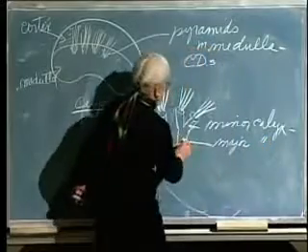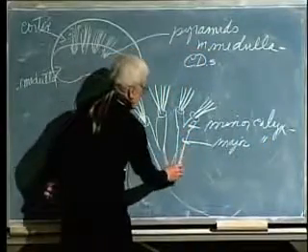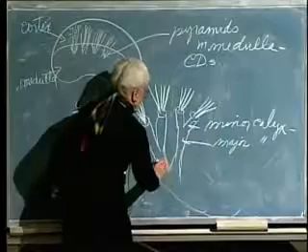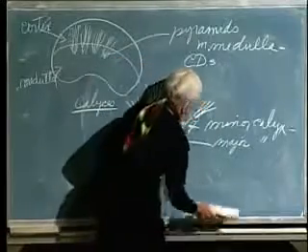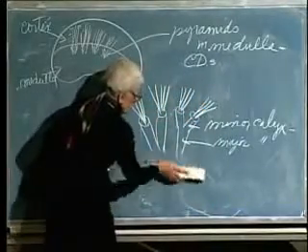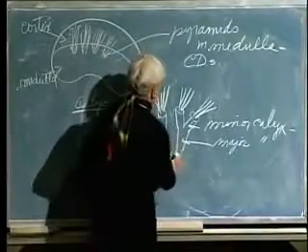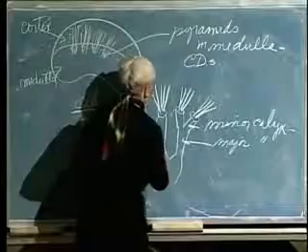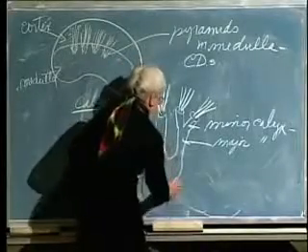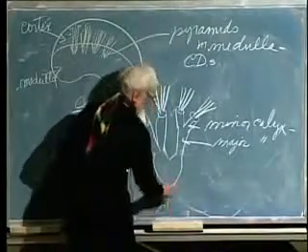A major calyx would be two coming together, and then the major calyces come together and will form, clean this up a bit here, excuse me, they'll form the pelvis of the kidney, and then that's the pelvis of the ureter.